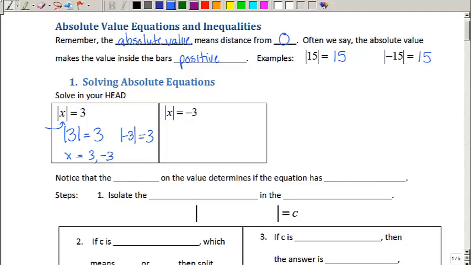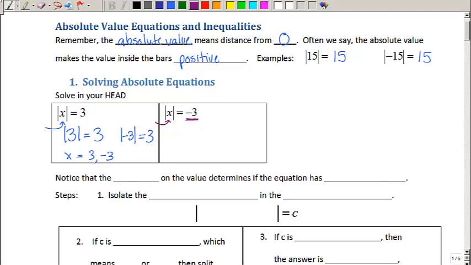Well, let's take a look at the next one. What value for x is going to satisfy this equation? What number can I substitute in for x so that the absolute value of that number equals negative 3? We've already discussed that the absolute value of positive 3 equals positive 3, which is not going to satisfy this equation. We also know that the absolute value of negative 3 equals positive 3, which is not going to solve this equation either.